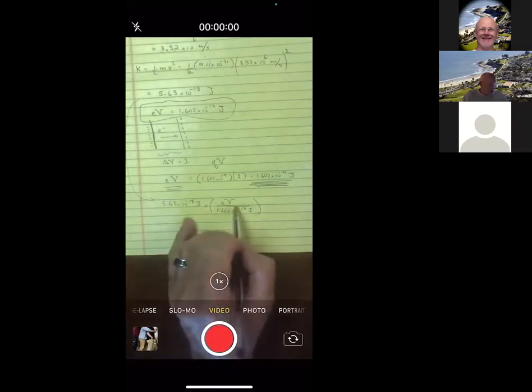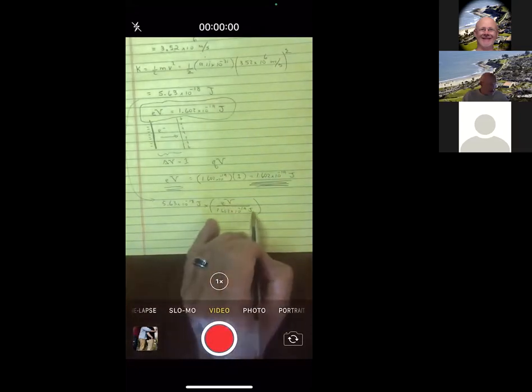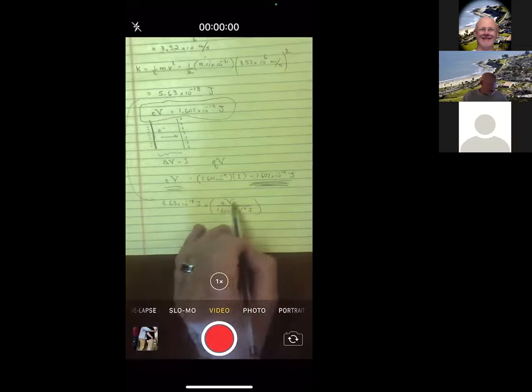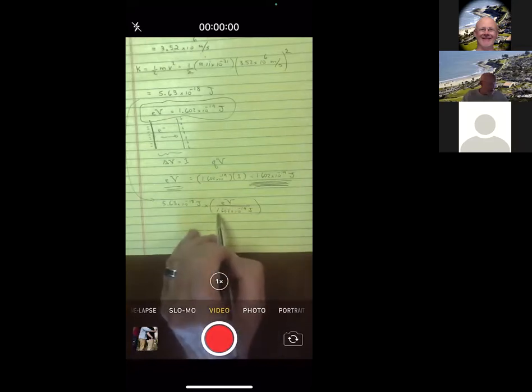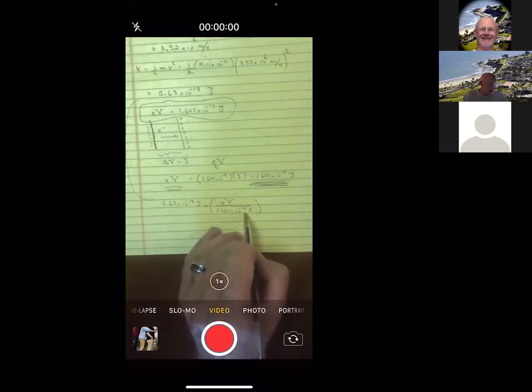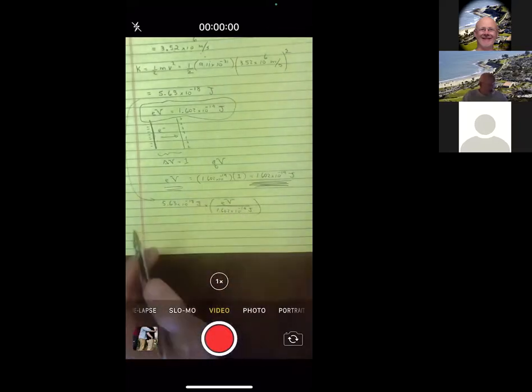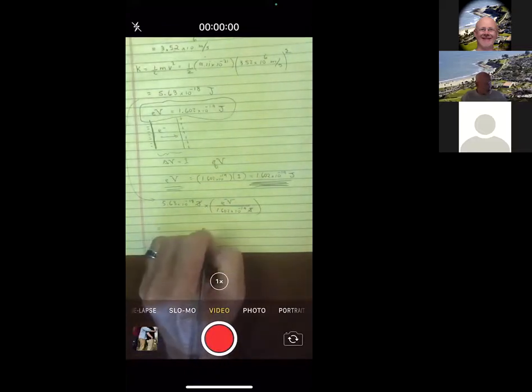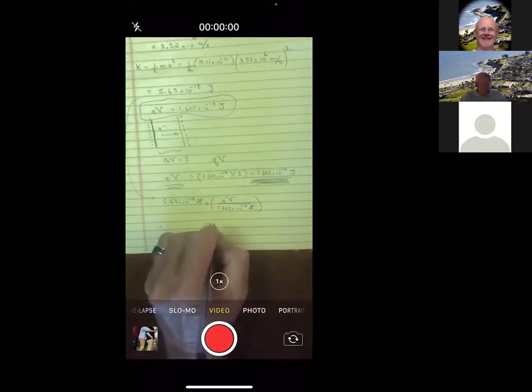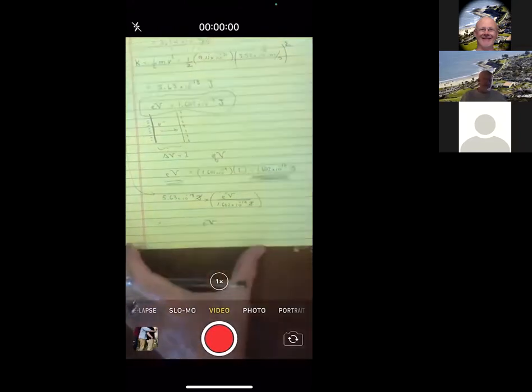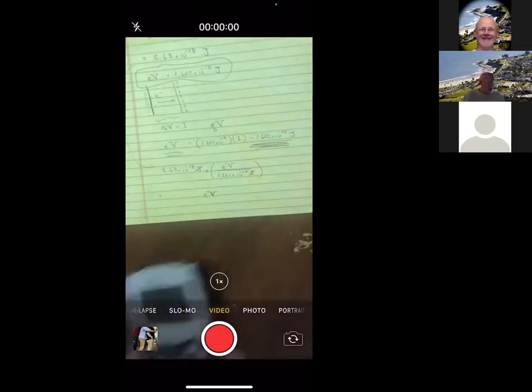And when you write a number on top and the same number on the bottom, so these are the same, electron volt is the same as 1.602 times 10 to the minus 19 joules. This is just a 1. So you're not changing the number, but you are changing the units. So this is going to convert it into a unit that's probably new to a lot of you, called an electron volt.